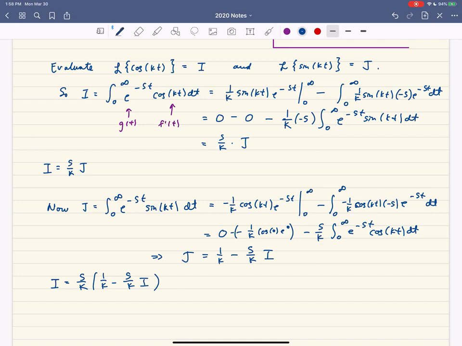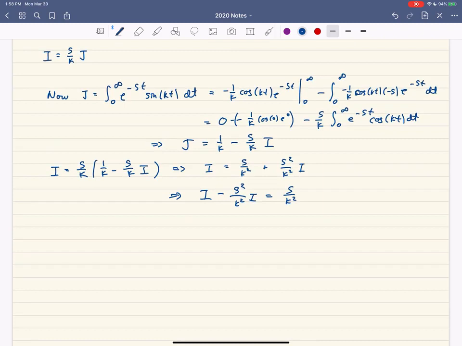We're going to end up with I is s over k squared plus s squared over k squared times I. What's going to be the easiest here? Let's subtract s squared over k squared I from both sides. So that means that we're going to have I minus s squared over k squared I equal to s over k squared. I'm going to factor out the I.